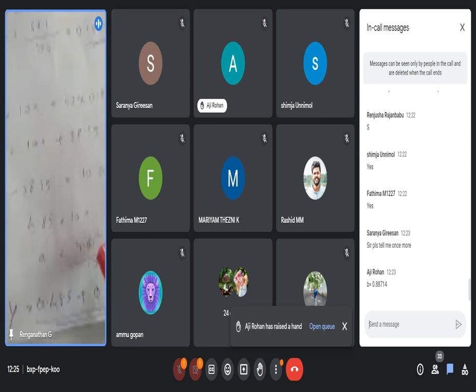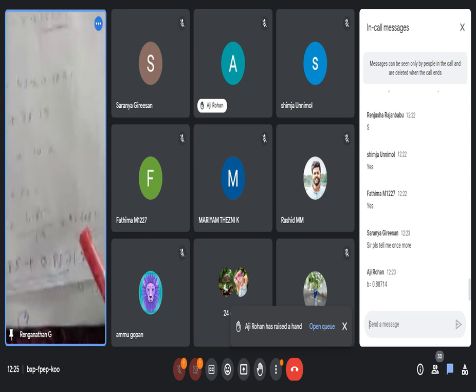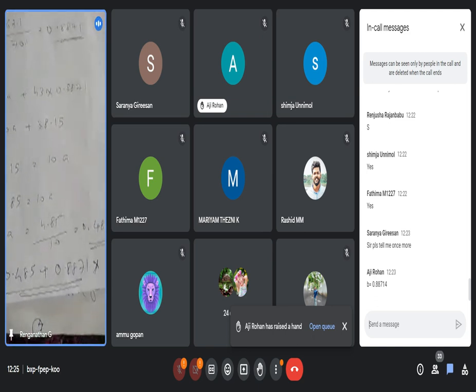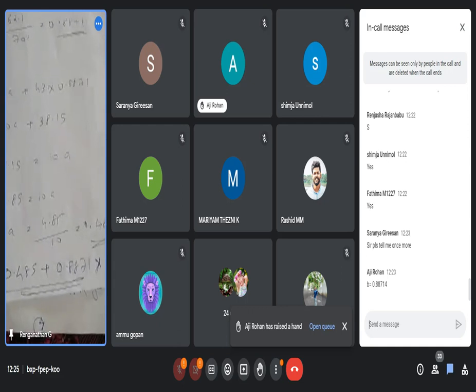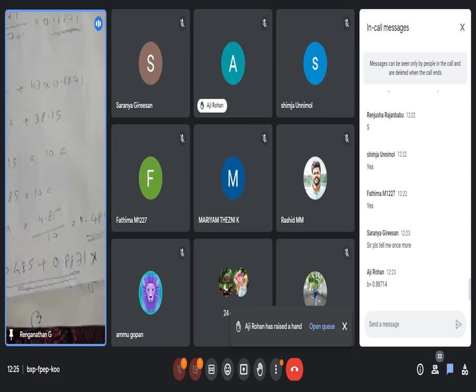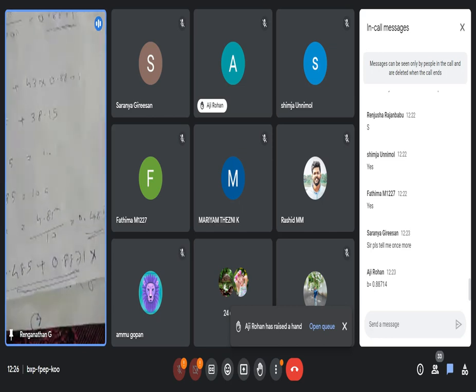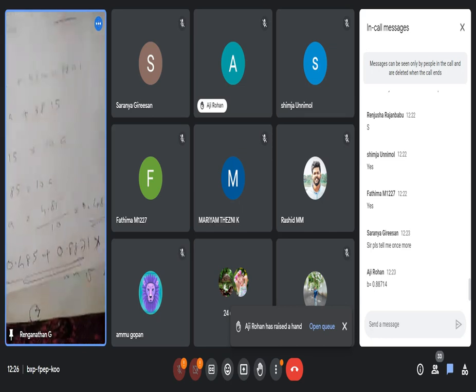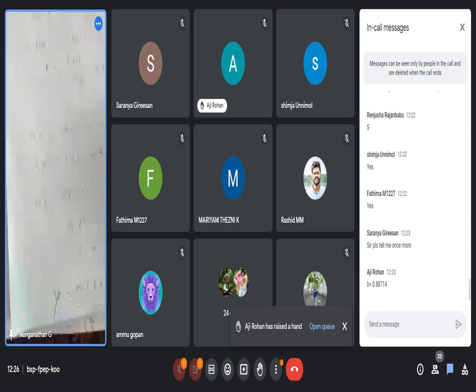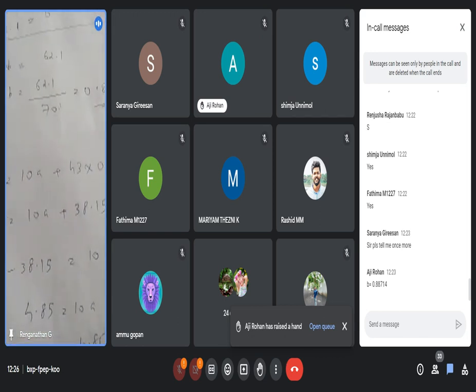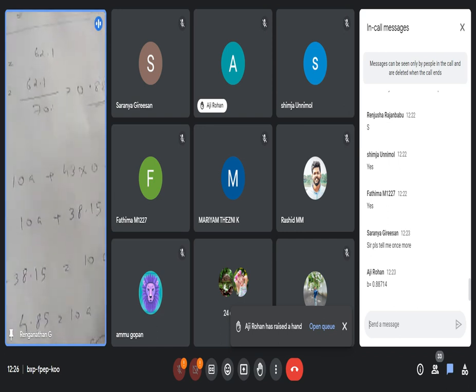Then the value of A is equal to 4.85 divided by 10, which is 0.485. Got it? I just applied the value of B in the first equation and found out the value of A. I know most of you know how to solve this, but if somebody wants any clarification, just ask me, okay?